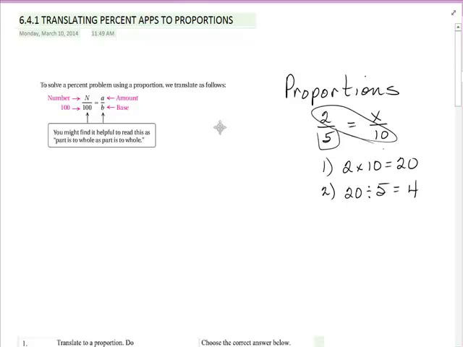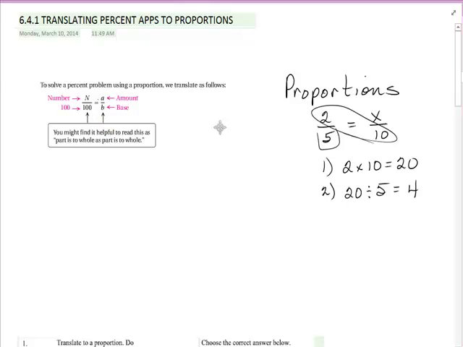Now, the kinds of questions we're going to be looking at will be things like, what is 6% of 95? 82 is what percent of 85? 6 is 7% of what number? Lots and lots of problems like that.